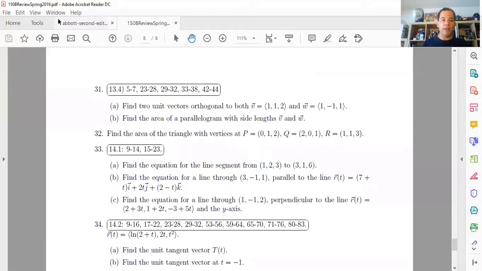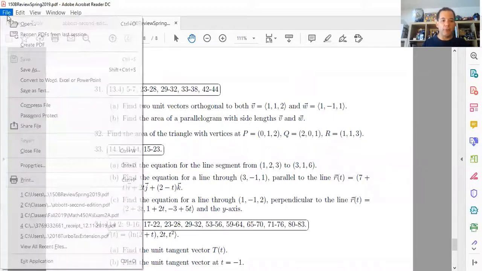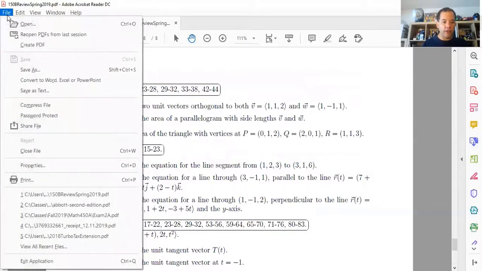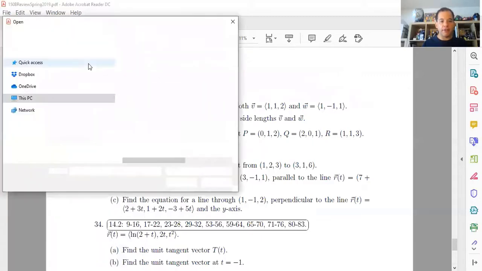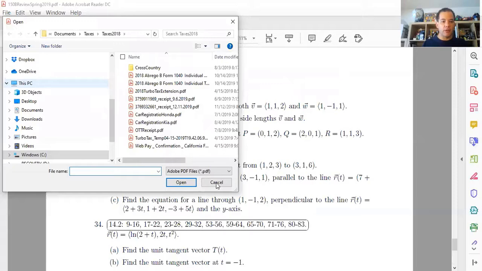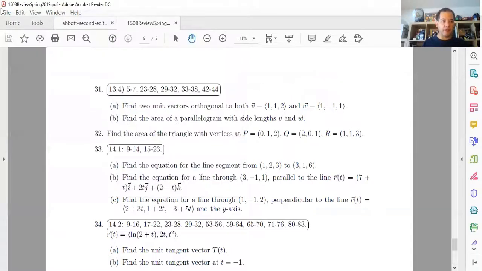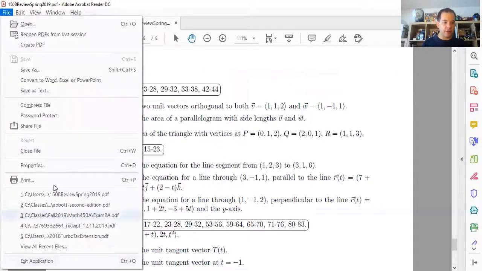Now, if you want to be specifically more prepared, you can also take a look at, let's see if I have them right here. So we have a list of problems.